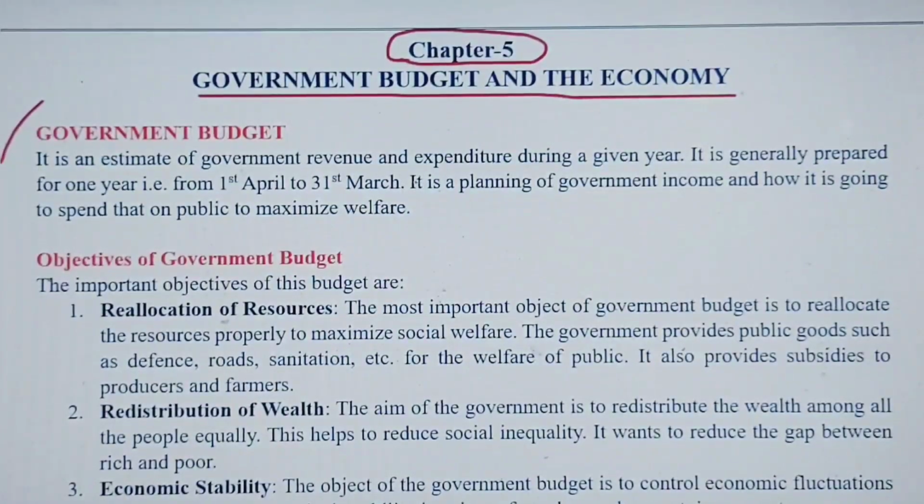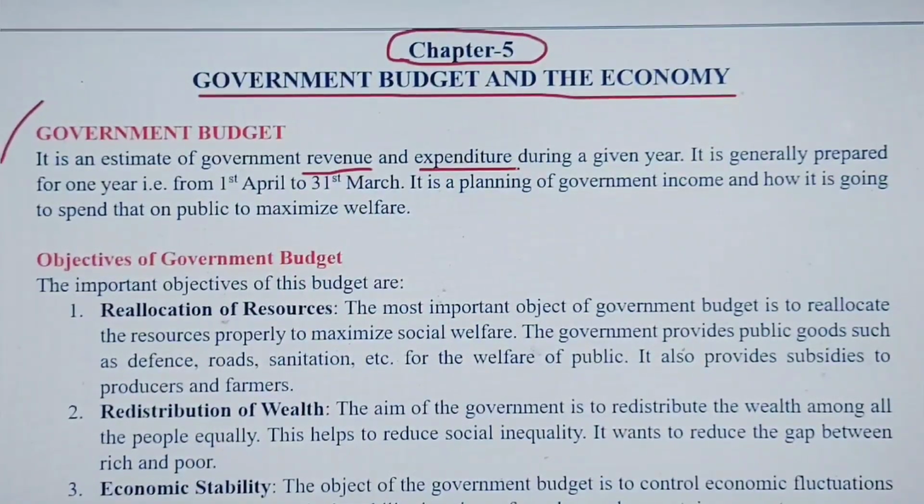So basically, as you know, we are also human beings, we are consumers, we earn money to spend. In the same way, government also earns, that is called revenue. The income of the government is called revenue, and it also spends a lot of money on public welfare activities. So government budget is just a statement.